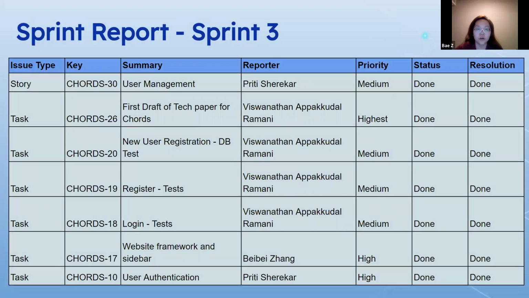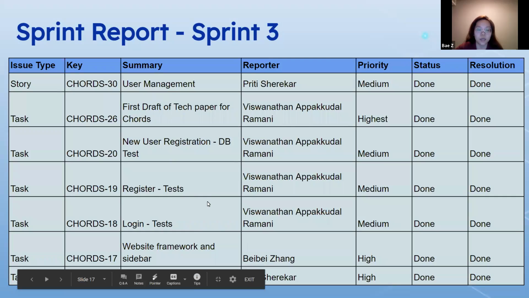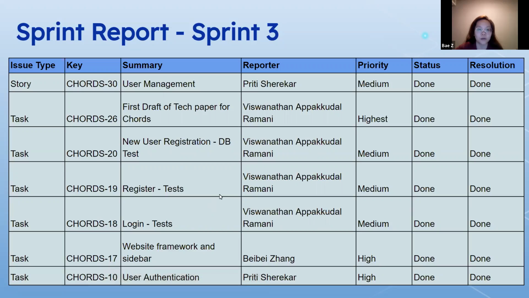So for the third sprint, we got our first draft of the tech paper work, and we test our register and login function, and we also work through the user authentication, and we have the website framework and the sidebar done.